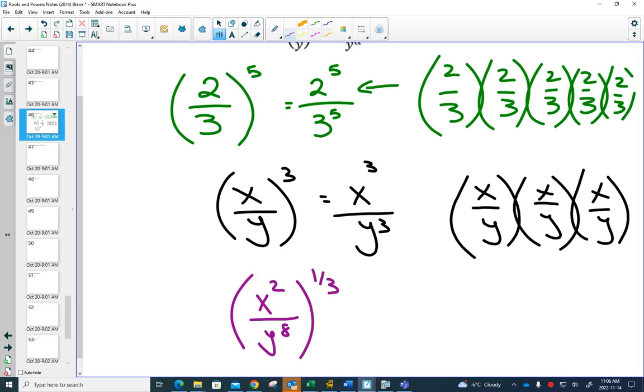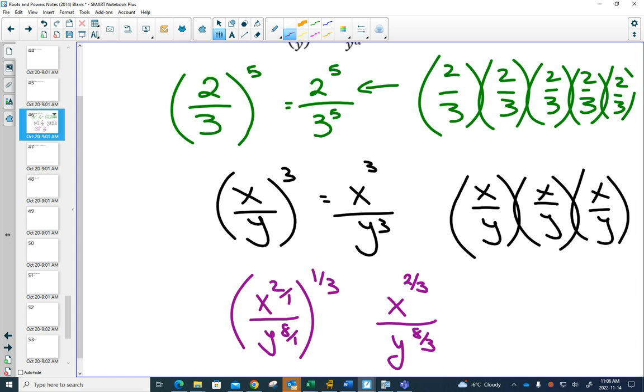So now, if I want to do the purple one, I have to know that the 1/3 is going to go to the x squared, which will give me x to the 2/3, because with an exponent to an exponent, this is 2 over 1, we would multiply. And the 1/3 goes to the y to the 8, which is 8 over 1. 8 over 1 times 1/3 will be 8/3.